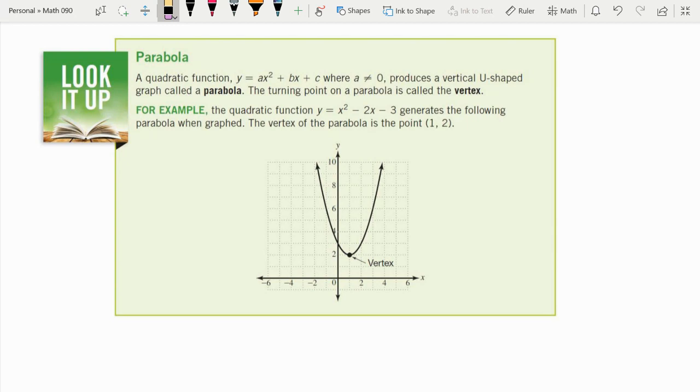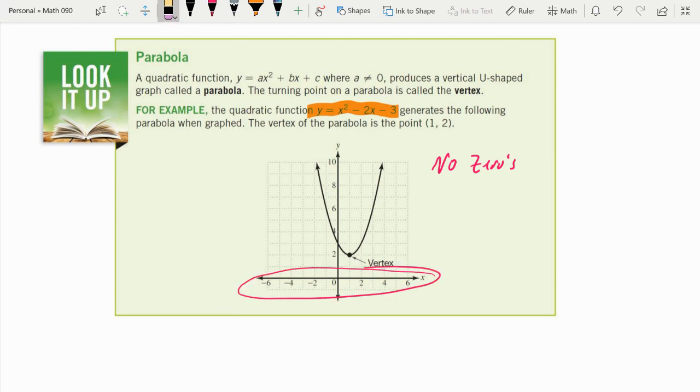Now, they give us this example here. And when you look at the graph, there are no zeros. Why not? Because it's not crossing the x-axis.